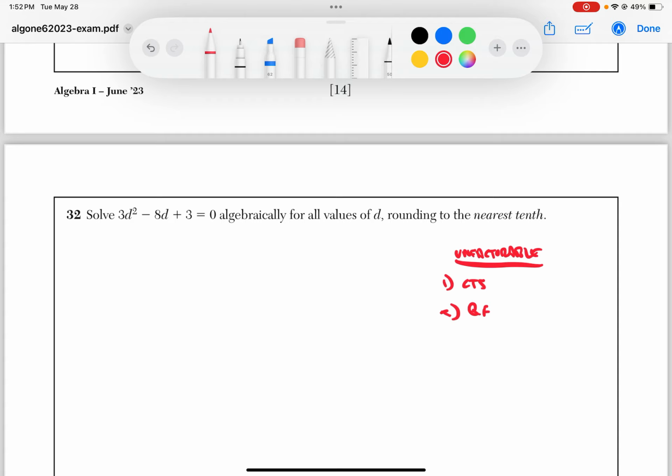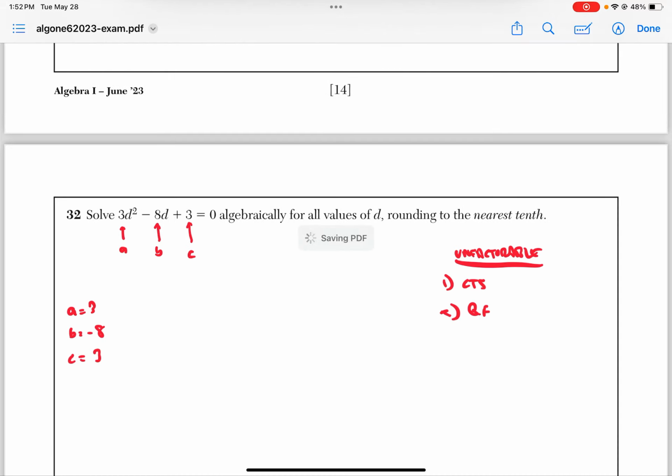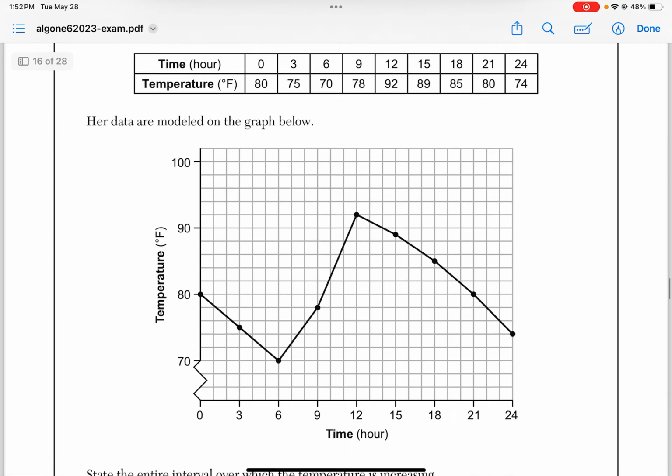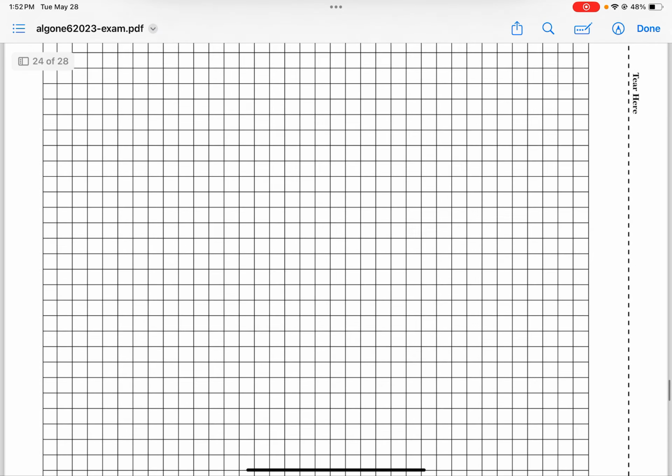Most people like the quadratic formula here. So let's have a look at that. So my A, B, and C values I identify. B is negative 8, and C is 3. My quadratic formula, which you do not have to memorize, which is why a lot of people like it.